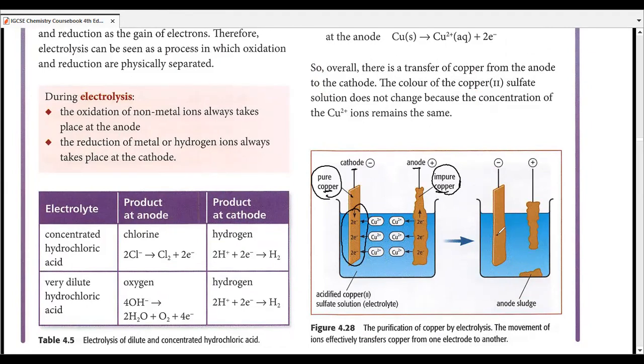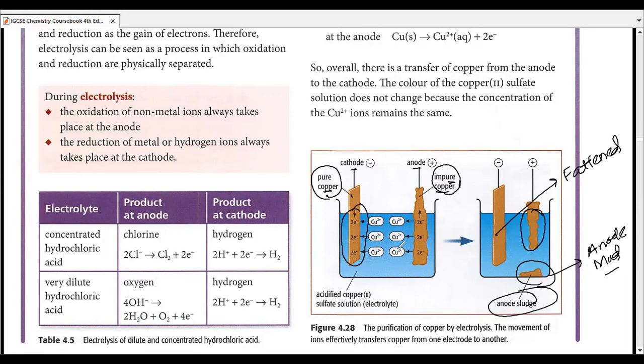Take a look, cathode has flattened. It's not of the same width as it was before. Take a look, anode has dissolved away. But since anode was impure, it gives away some sludge, some mud. It is also known as anode mud, and it settles down at the bottom. Whether you call it anode sludge or anode mud, it means the same thing.